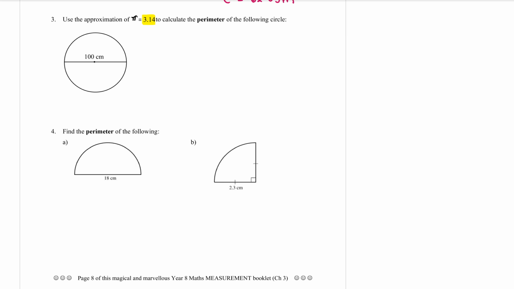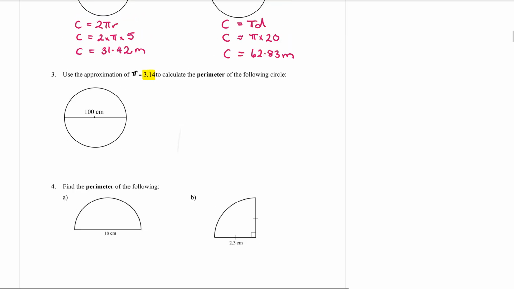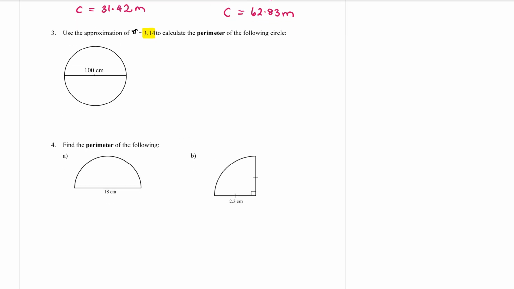So all that means, I'm going to start very similar to what I did in the last question. Because I'm given the diameter of this circle, I need the formula that involves diameter, which is C equals pi d. Okay, then I want to substitute into that formula. Now, because I'm not going to use the pi button this time, I'm going to use that pi is equal to 3.14.